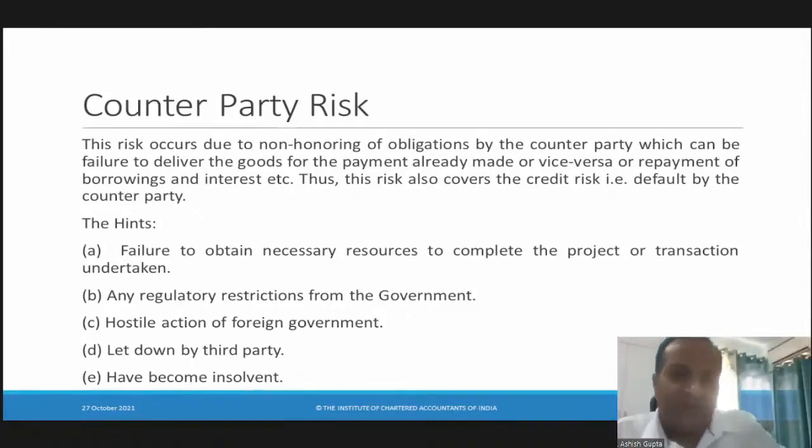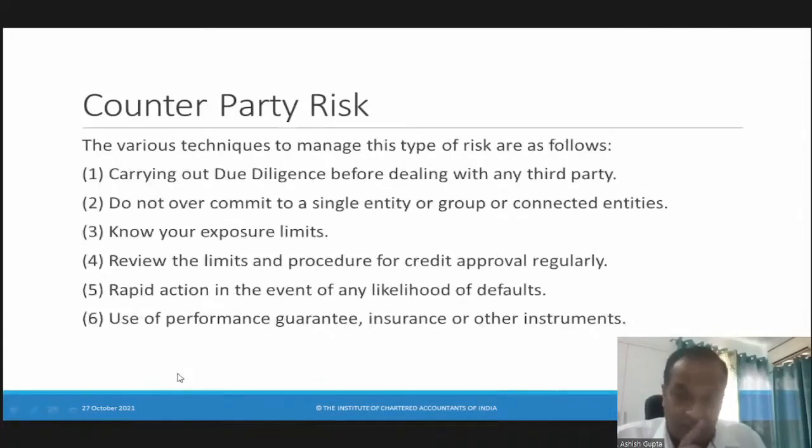It may be possible that the government becomes hostile and your money is gone. Let down by the third party: the other party may take off the business or become insolvent. This is one of the very prominent cases. When the other party becomes insolvent, you cannot recover the money, and if recovery happens, it is very little.